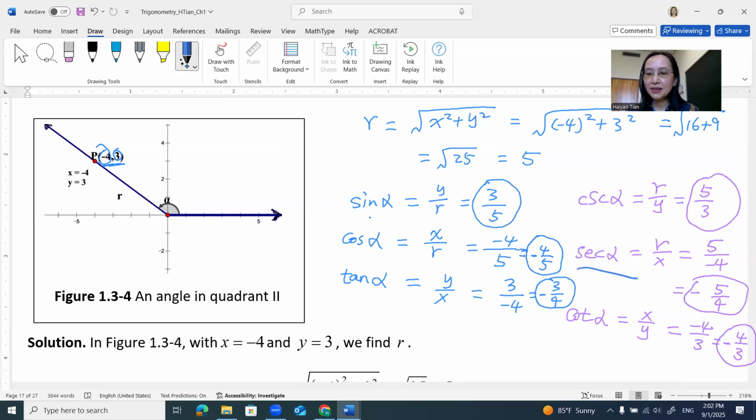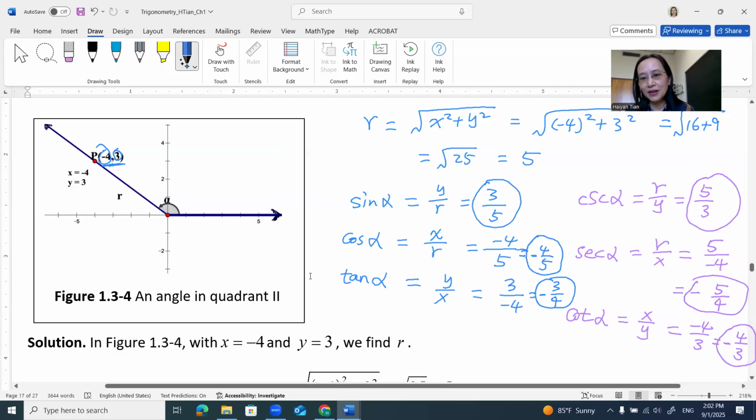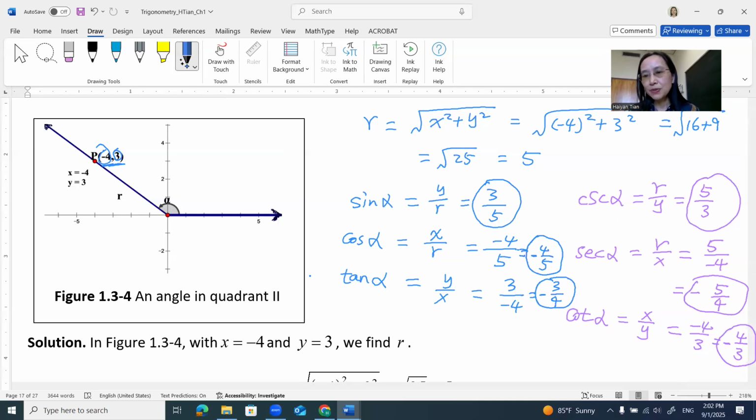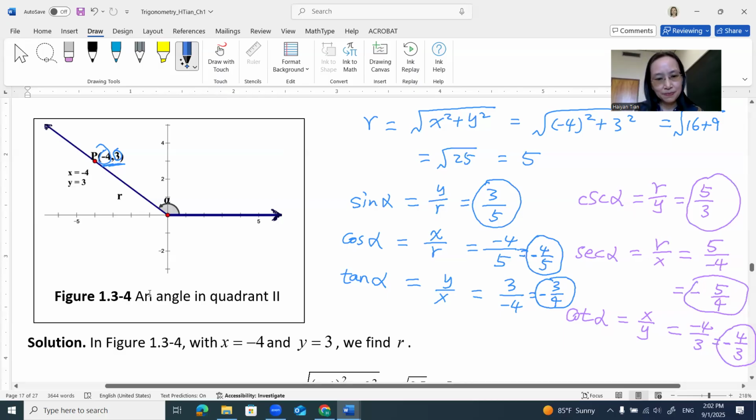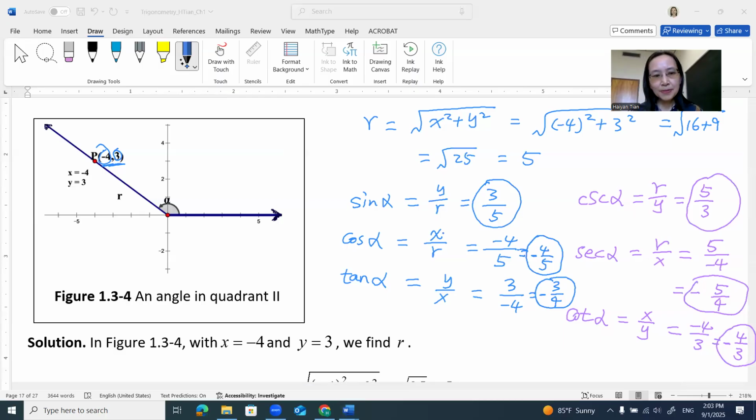Cosine and secant alpha values are reciprocals to each other. Tangent, cotangent. Yeah, based on the definitions, they are also reciprocals to each other. If they are both defined, we observe that property.